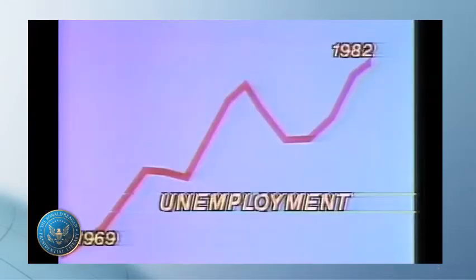The only difference is that on a roller coaster, you end up on solid ground once the ride is over. As you can see from the chart, while unemployment zigzagged from year to year, its long-term direction kept notching upward. Notice that each so-called recovery left unemployment higher than before the recession. In 1968, unemployment stood at 3.6%. In 1971, it shot up to 5.9%.